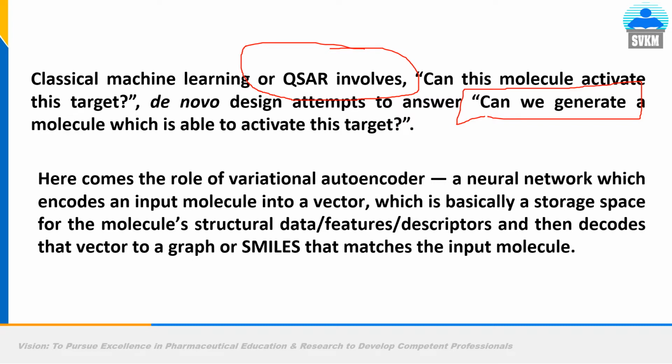Or I simplify this statement, can we generate a molecule which has so and so physicochemical properties? So if you remember, several times in earlier videos I have talked about a beautiful infographics designed by in silico medicine team.